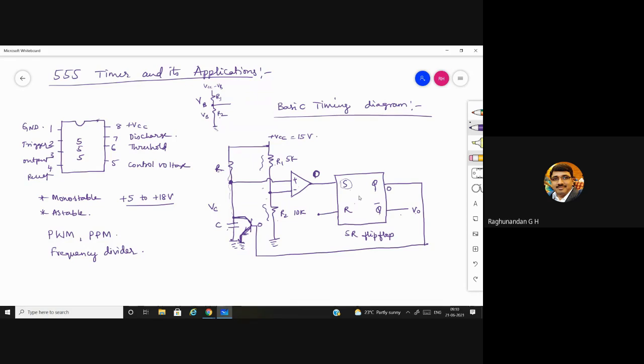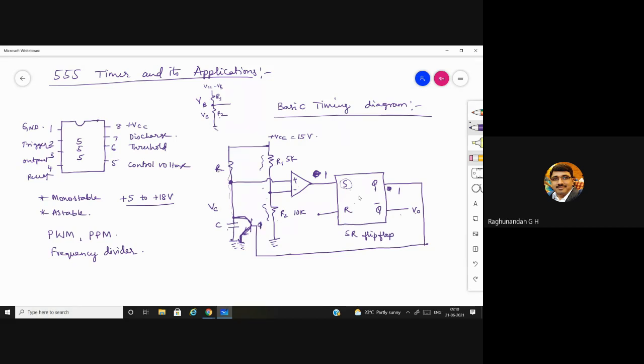Again, the voltage across this node will be more, so the comparator output again goes to 1. Because of that, the Q will be high. So again, this process will continue.